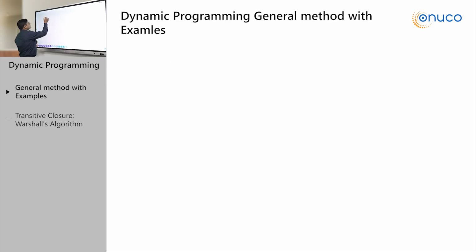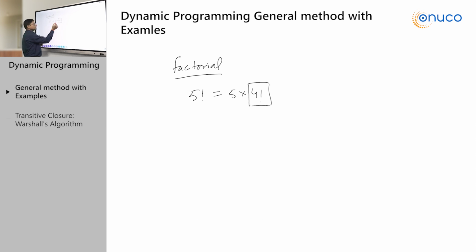Second, if you wanted to discuss factorial, say you wanted 5 factorial. This 5 factorial can be written as 5 into 4 factorial. If you have the value of 4 factorial in hand, then definitely we can compute 5 factorial is equal to 5 into 24, hence it is 120.